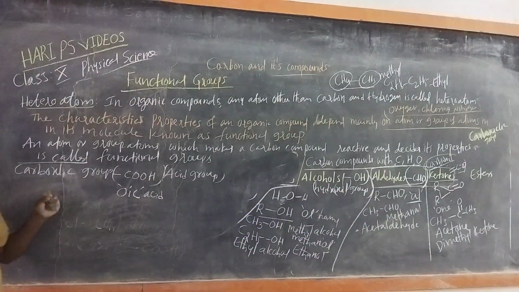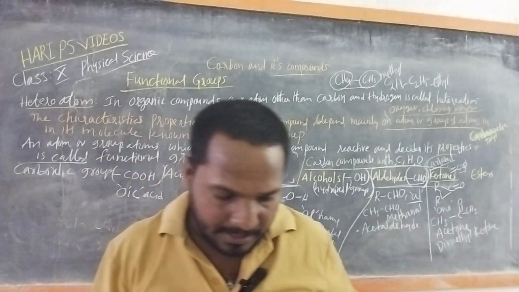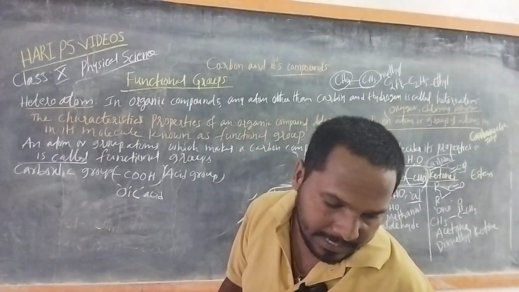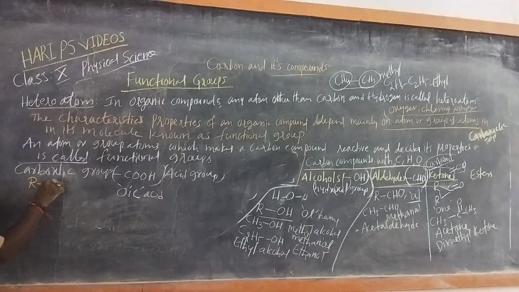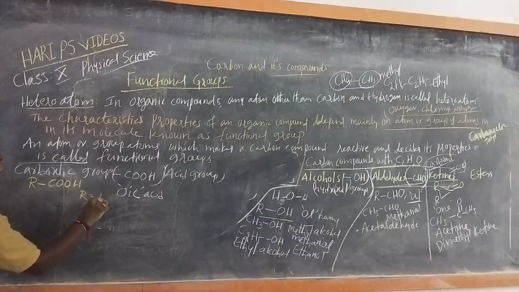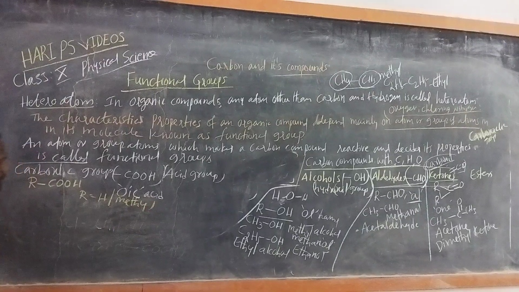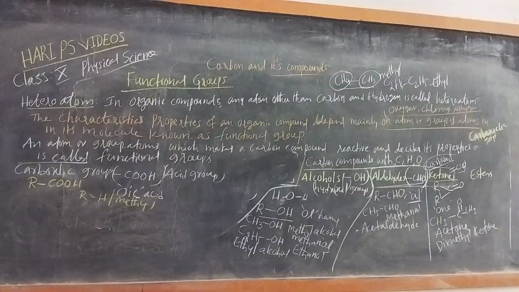The carboxylic group is simply called the acid group or organic acids. So here the general formula we can write as RCOOH. Here R is equal to either hydrogen or a methyl group, no problem.